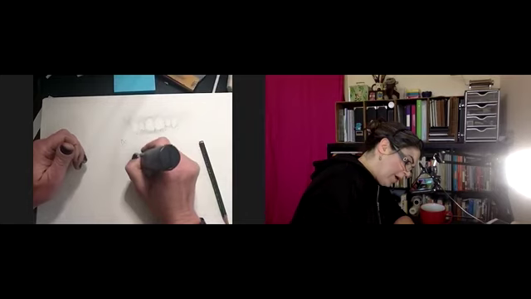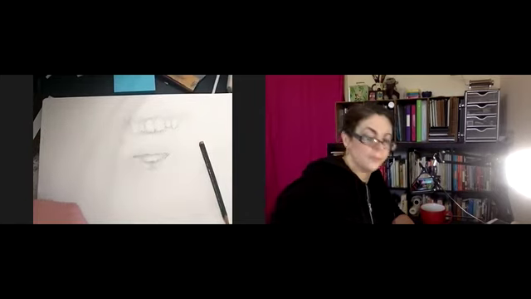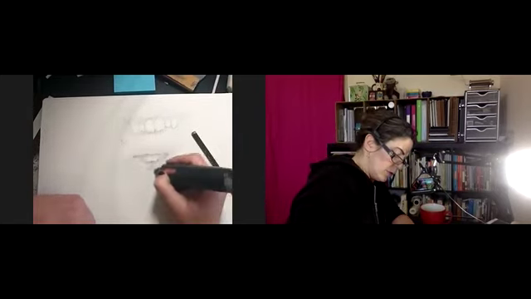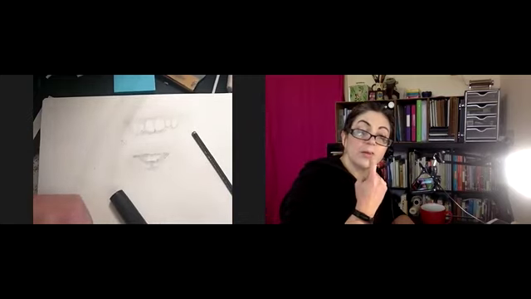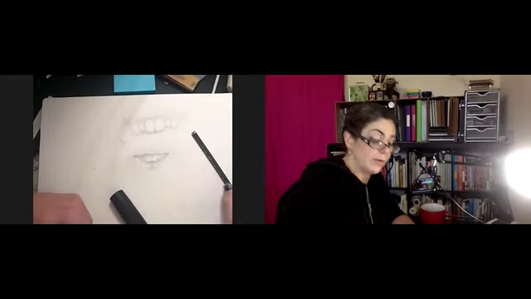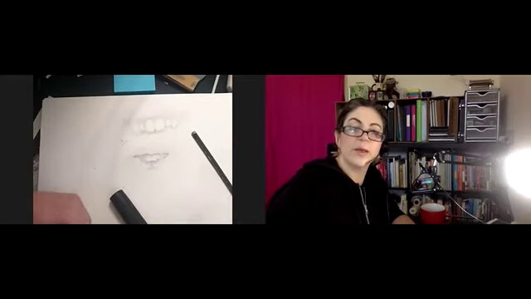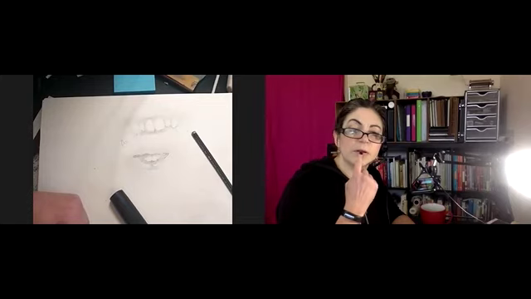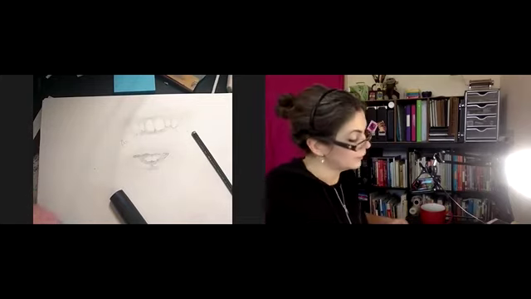And there may be harder edges further away from it. The other thing is put the hard edges where you want to pay attention. You typically don't want to pay attention in the corner of the mouth. You're more interested in that part of the mouth or some part of the eye.